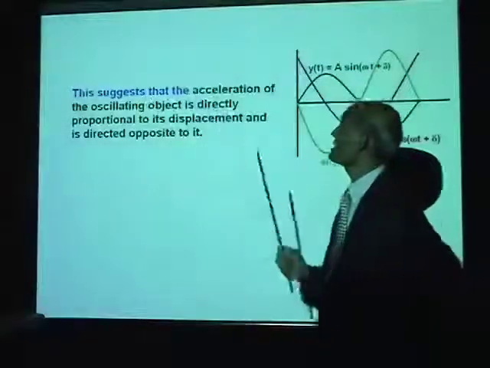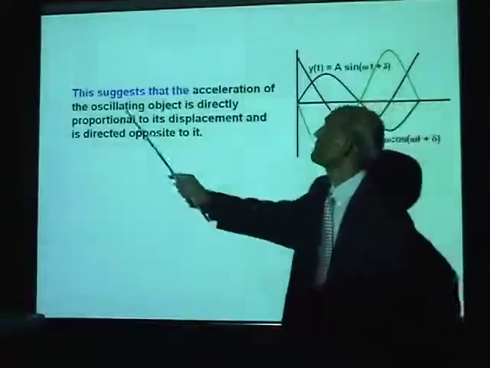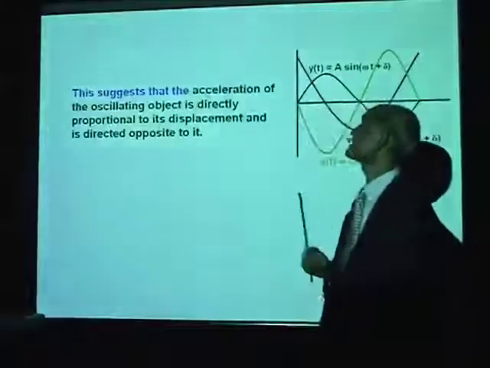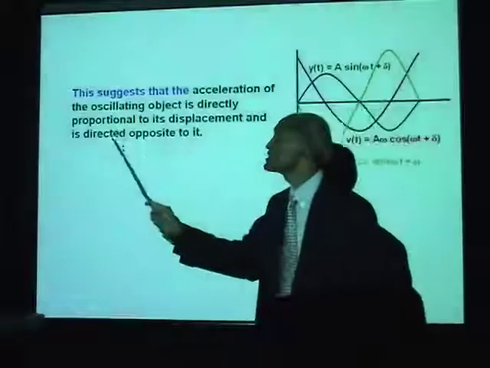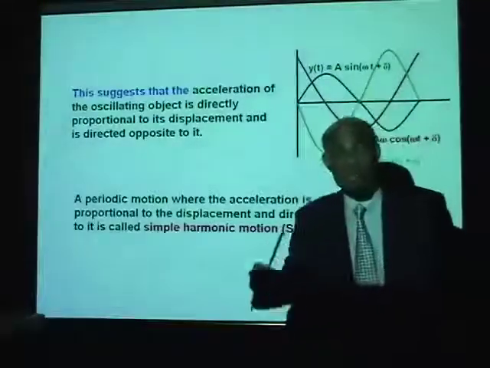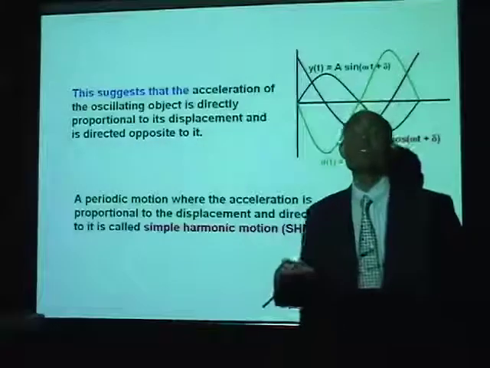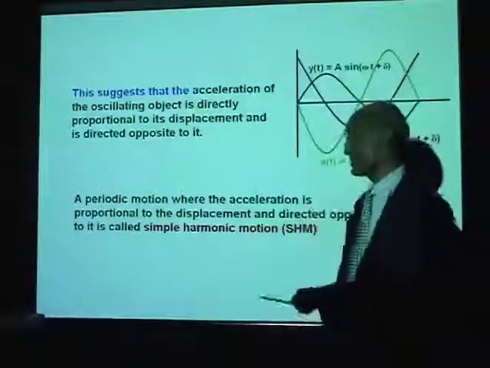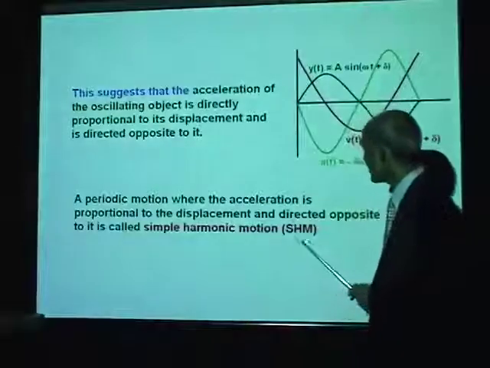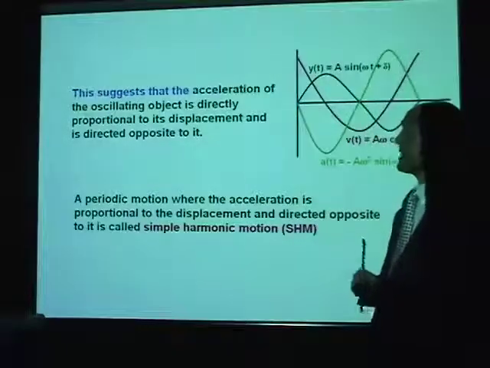So this suggests that the acceleration of the oscillating object is directly proportional to its displacement, and it is directed opposite to it. Now, such an oscillation has a very good name in physics. It's called simple harmonic motion, or abbreviated SHM.